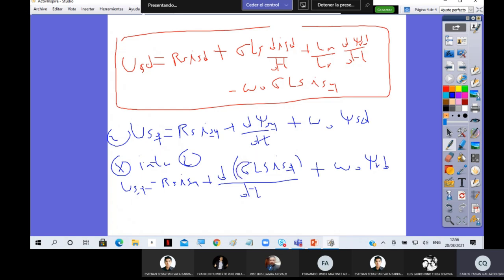So taking out of the derivative, so I will have here the stator voltage on Q-axis, taking out the leakage coefficient of the derivative.